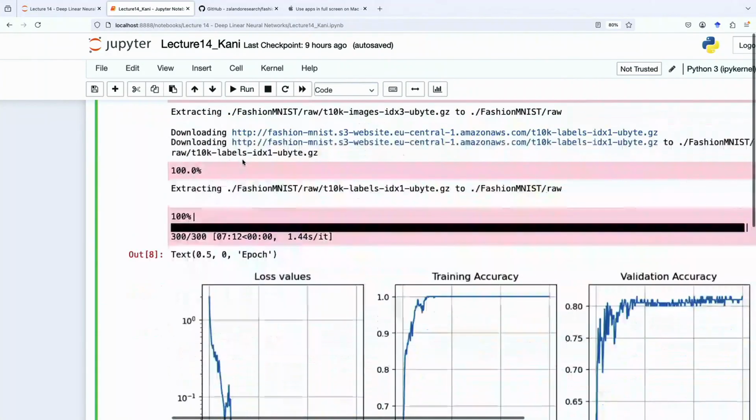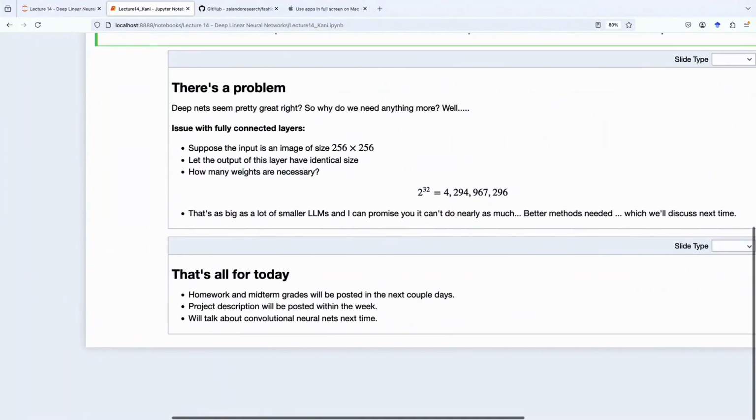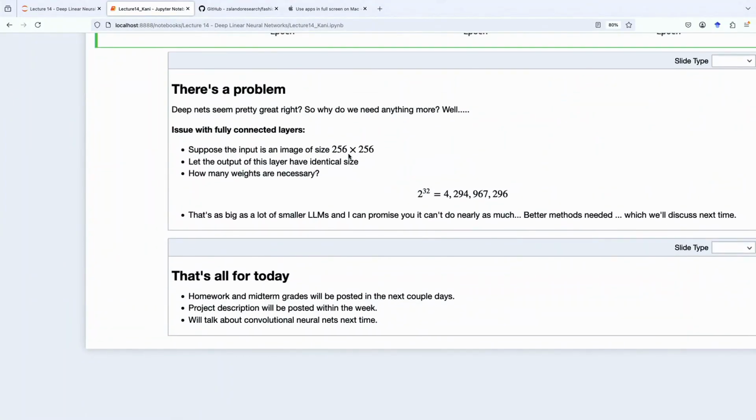The issue becomes when you need to handle larger images. For instance, if your image is 256 by 256, and the output of this layer has an identical size, then how many weights would be necessary? There would be around 4 billion weights necessary. I don't know if you guys keep track of LLMs, but the small LLMs have on that order of magnitude.